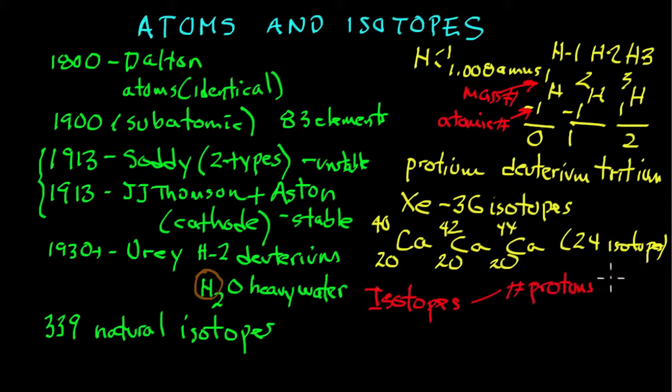That's the element, that's the name. But when the number of neutrons varies, it creates a different mass for that element. For instance, hydrogen 1, hydrogen 2, hydrogen 3, calcium 40, calcium 42, calcium 44. And some of these characteristics can be used to do additional work in nuclear chemistry, etc. We will stop right there.